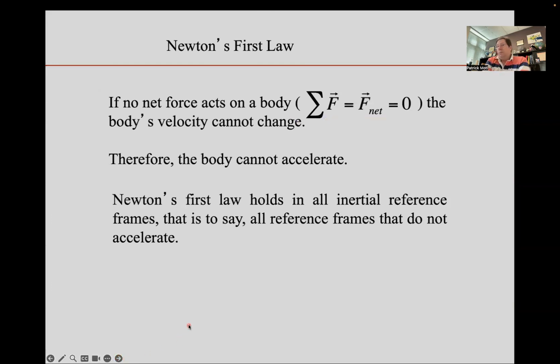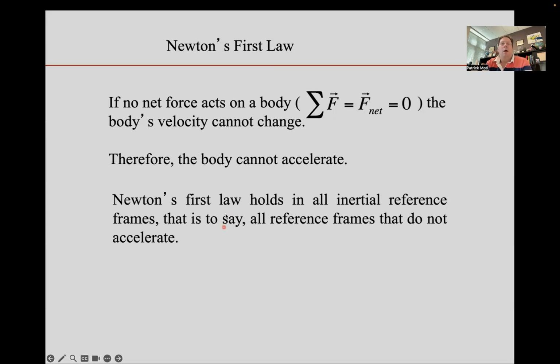So, as might seem appropriate, we're going to start off with Newton's first law of motion out of the three. Newton's first law of motion, most succinctly, is if the net force on an object is zero, the velocity of the object is constant, or the velocity of an object is constant if and only if the net force on that object is zero.